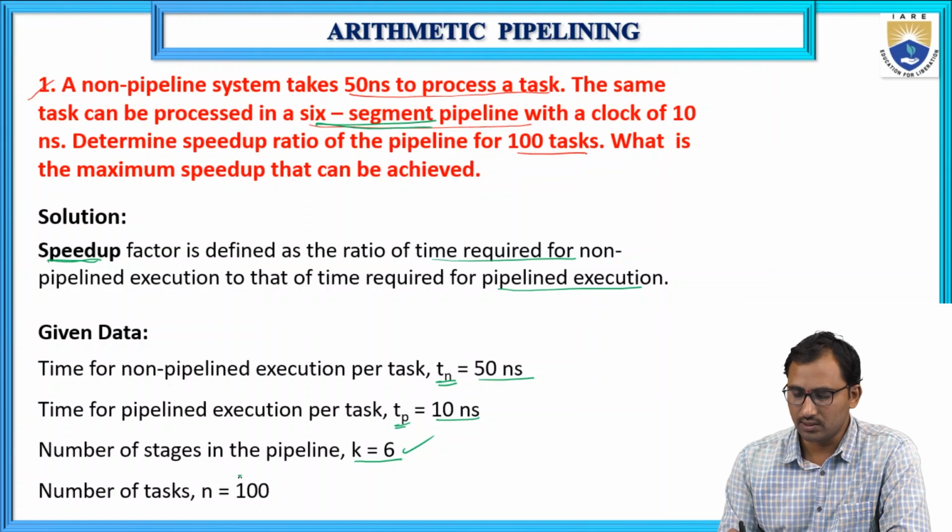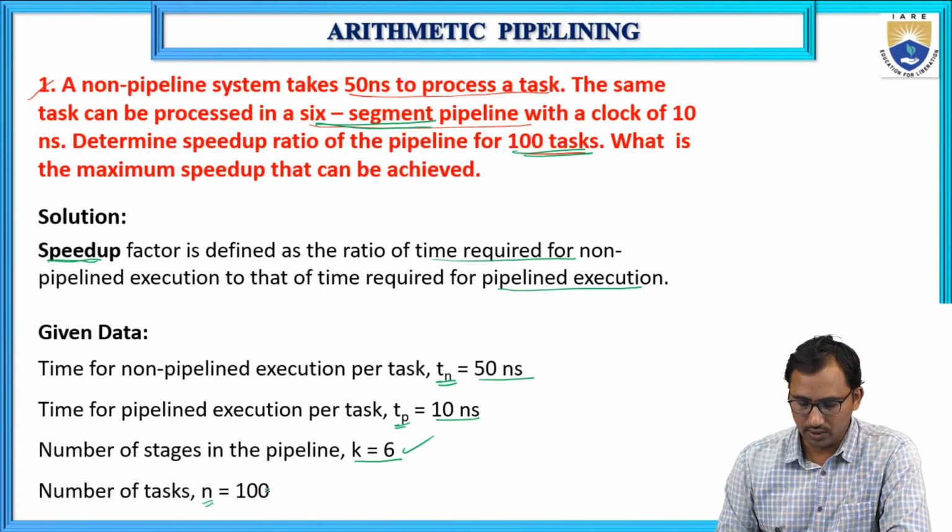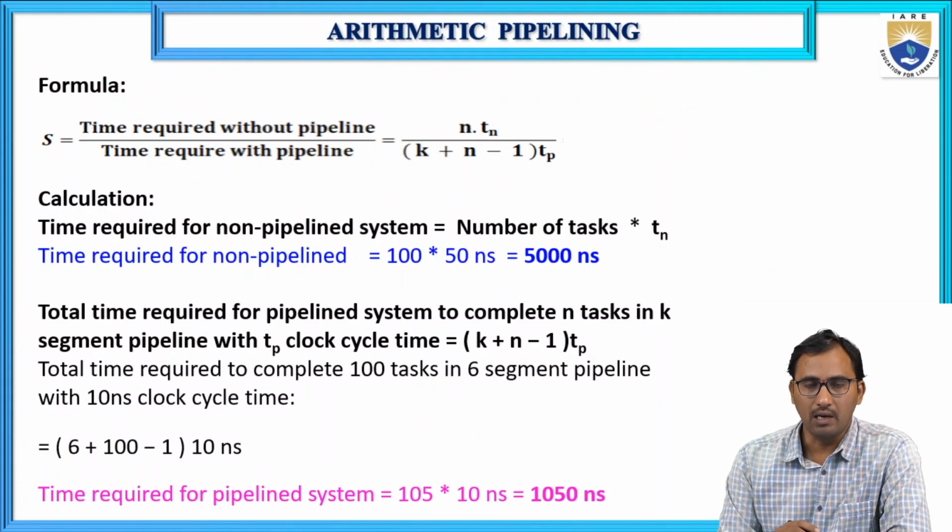And the number of tasks given in the problem is 100 tasks. The number of tasks is represented with small n, which is equal to 100. The formula for speed up factor is S equal to time required without pipelining divided by time required with pipelining.